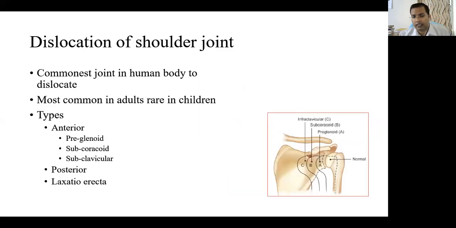This shoulder joint is the most unstable joint in the human body. That's why the most commonly dislocated joint is the shoulder joint.